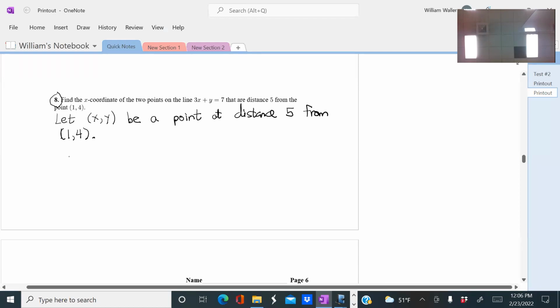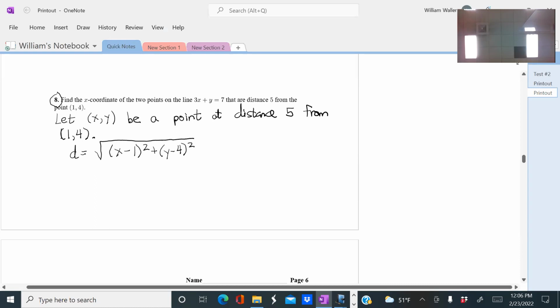So how do you do that? What does the distance formula look like? Remember what you do there? Square root of what? You take the difference in the x coordinates and square it, and then same thing with the y coordinates, square it.